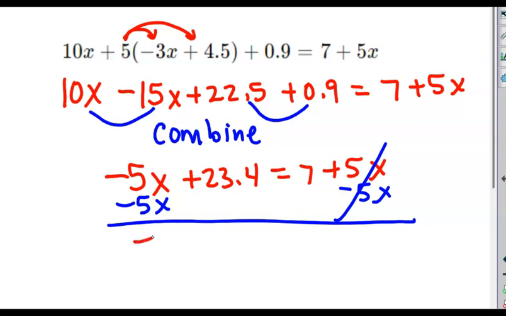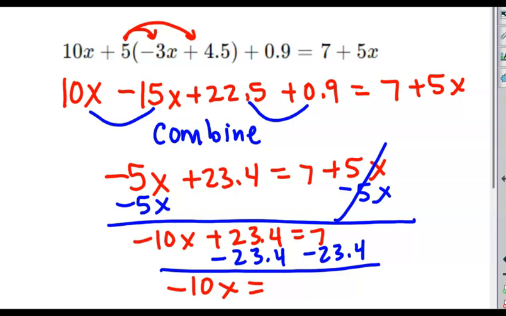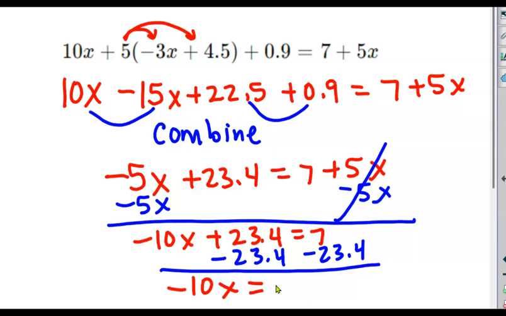That leaves me with negative 10x plus 23.4 equals 7. Subtract 23.4 from both sides, and get negative 10x equals 7 minus 23.4. And I get negative 16.4.